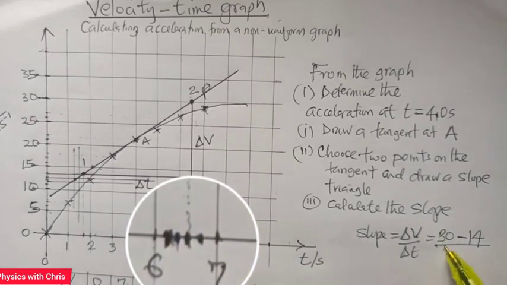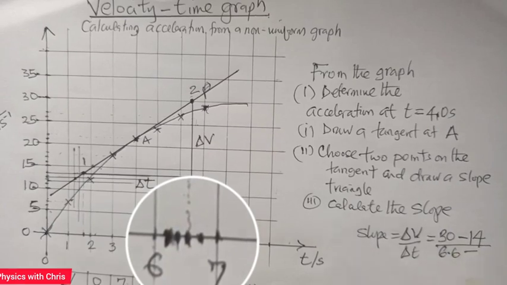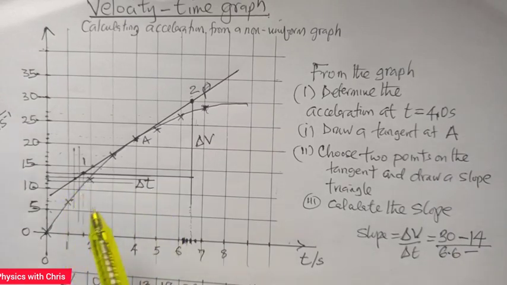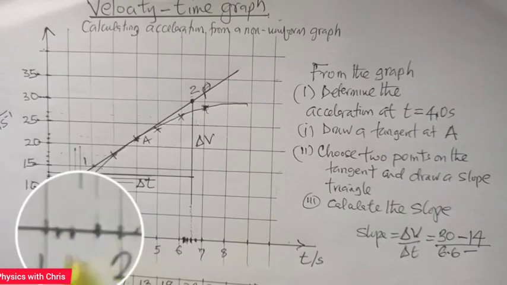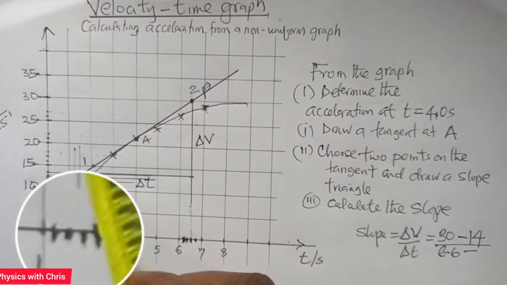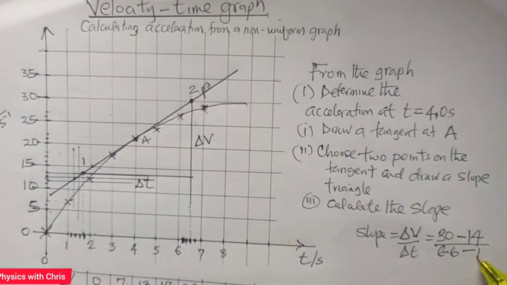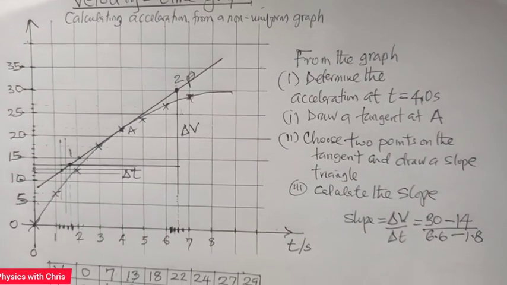So T2 is 6.6, minus, come back to point 1. What's my T1? This is 1.2, 1.4, 1.6, 1.8, and then 2. This is my point 1. Take it down to the time axis. That's 1.8.